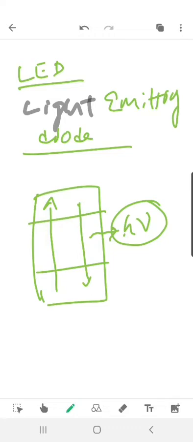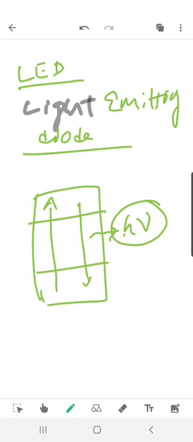So when it gives its energy in the form of light, that light is emitted from our PN junction, and we use this principle for fabrication of our LED, light emitting diodes.